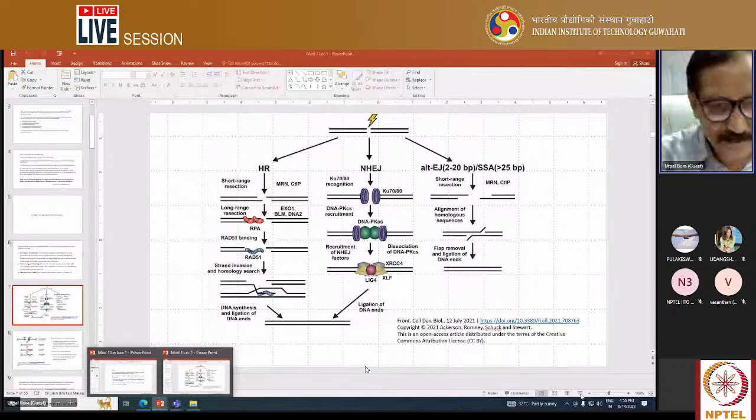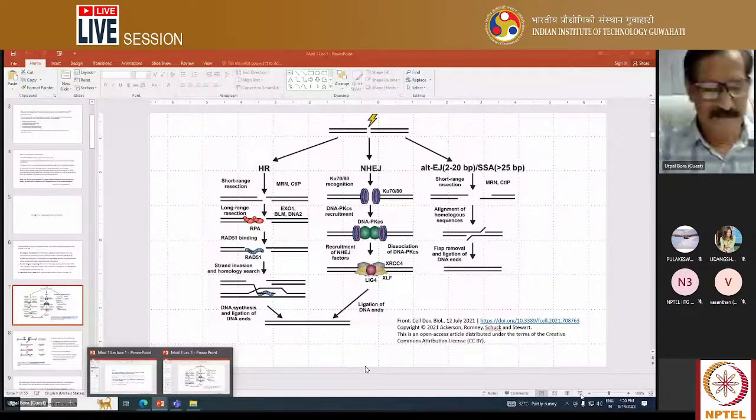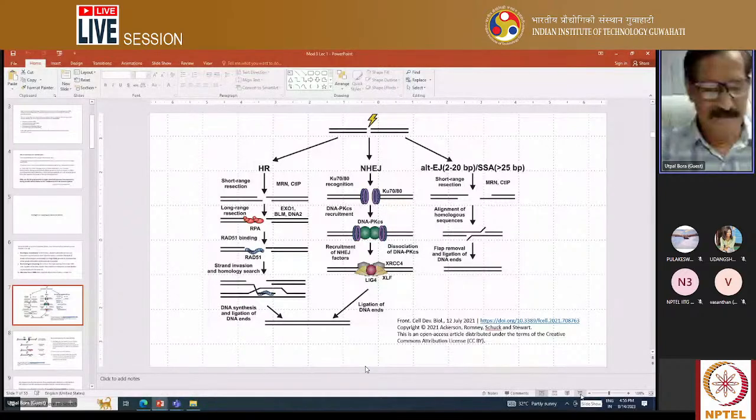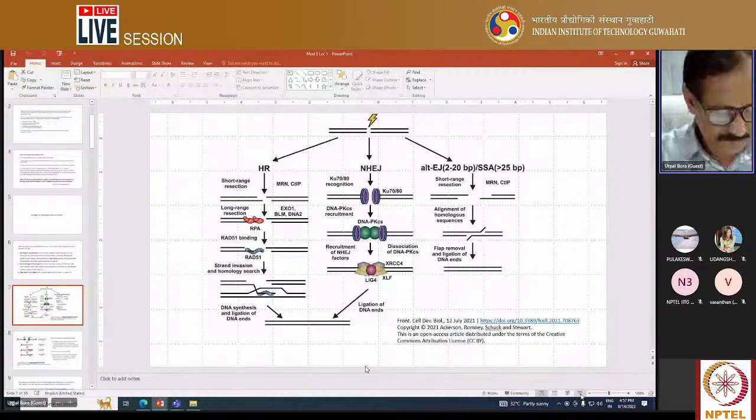So you are asking about non-homologous end joining and homologous recombination, and then the alternative form of the NHEJ. Here you can see these are actually repair mechanisms. Whenever there is a strand breakage in DNA, this kind of repair mechanism comes into action.